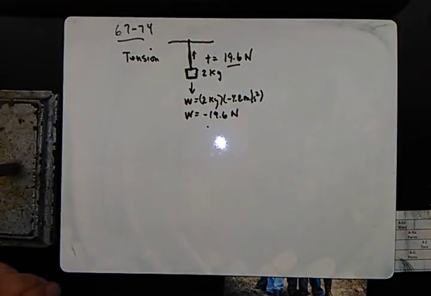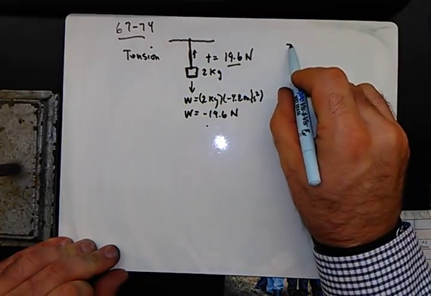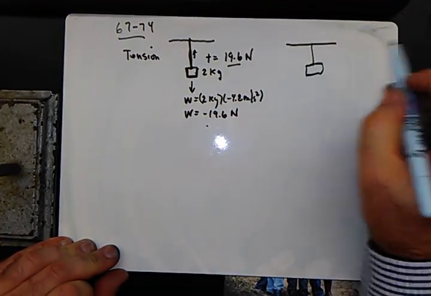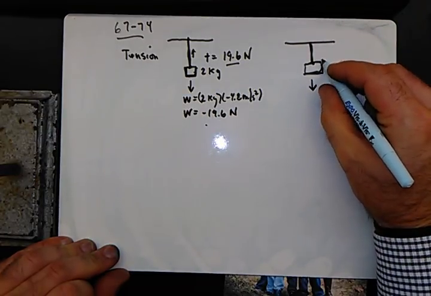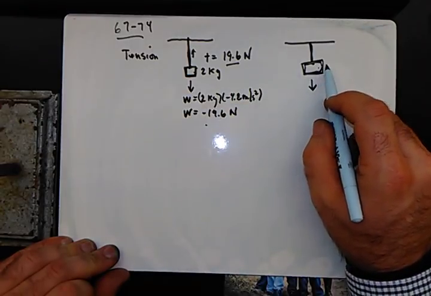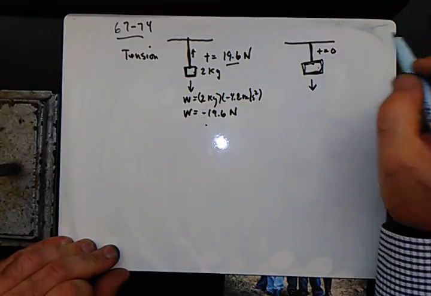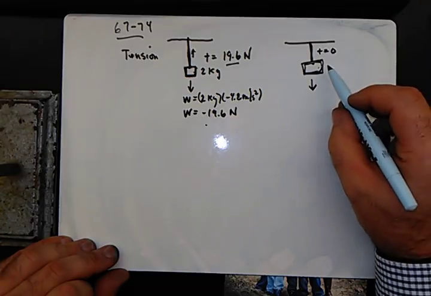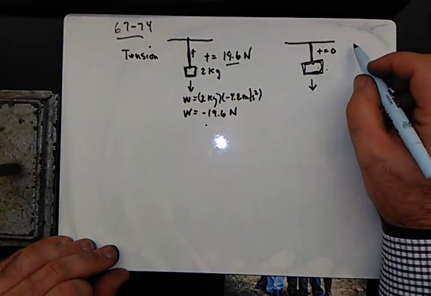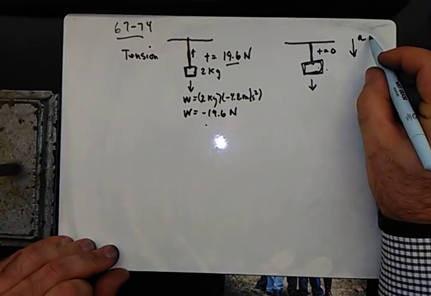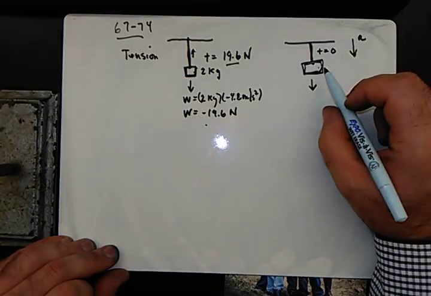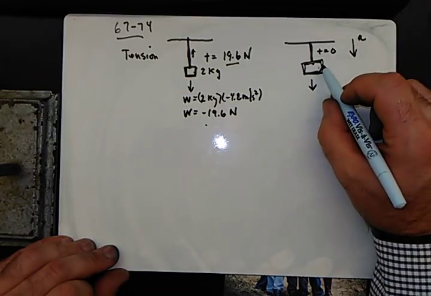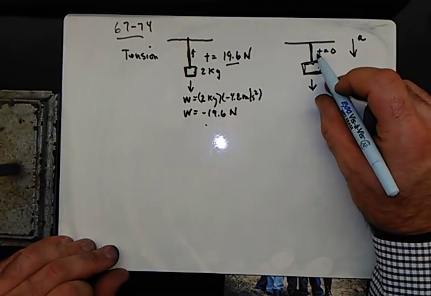Same deal: mass hanging from a string, weight pulling down. The tension would be 0 if this object accelerated downward. In other words, you get into a free fall, and this object becomes apparently weightless. No tension in the string.